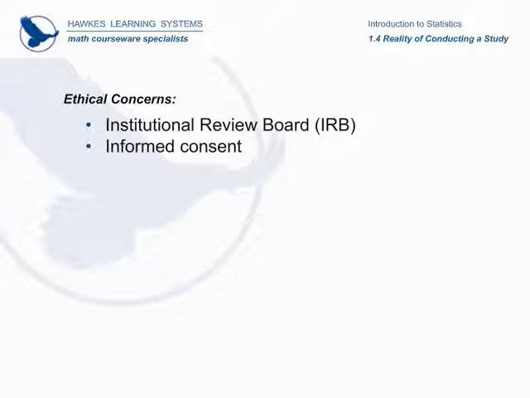Within an experiment, there has to be informed consent, meaning the persons participating in the experiment have to be told what they're participating in, what the experiment consists of, and then they can give their approval to participate. We also take a look at the ethical concerns, whether it's humans or animals.